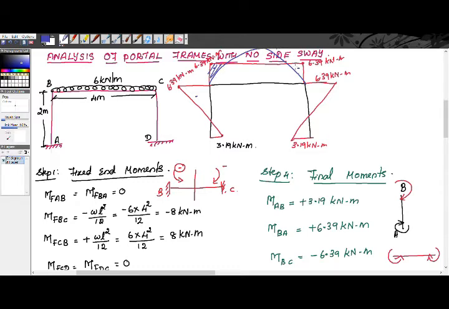Sorry, here it is hogging, hogging, hogging, hogging and hogging. And here it is sagging.